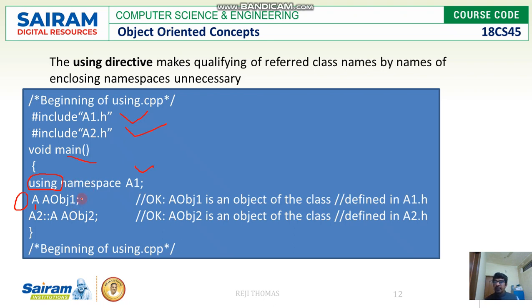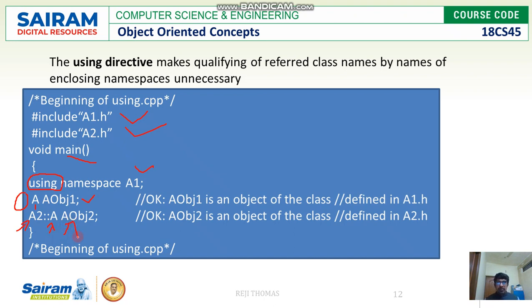So A obj1 is going to be an object of the class which belongs to the namespace A1. And if you are not happy writing that, you can write the namespace, then the scope resolution operator, then the class name, then the object name, which is going to resolve it.